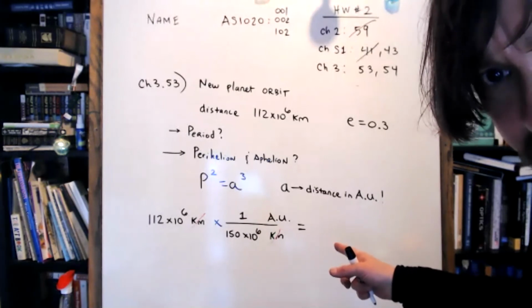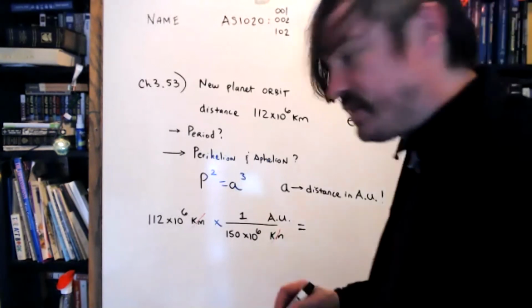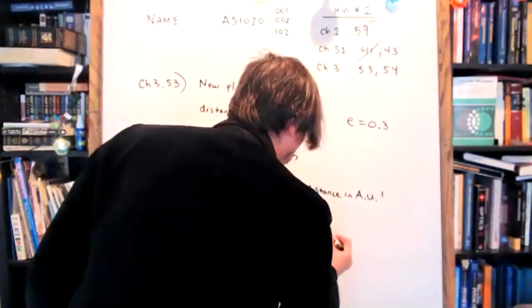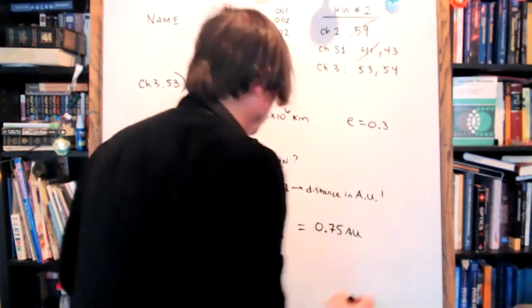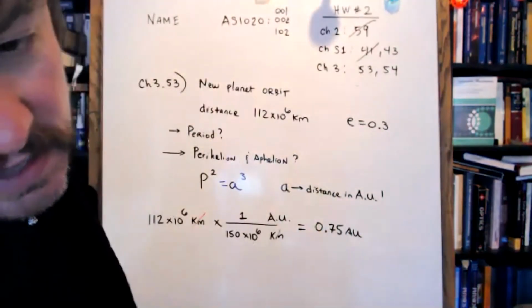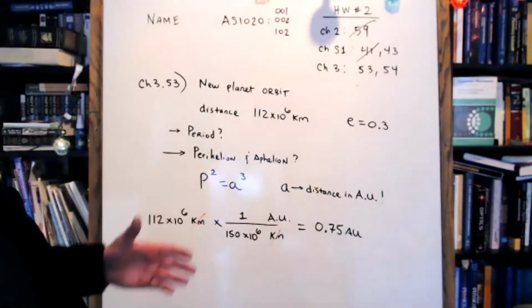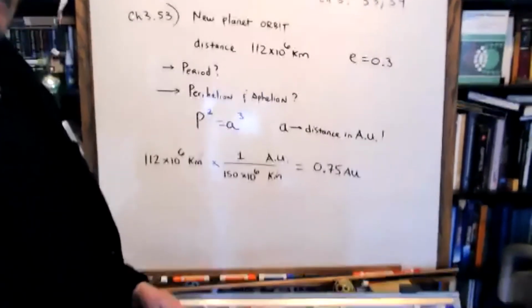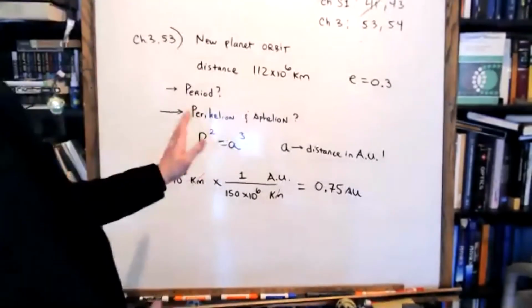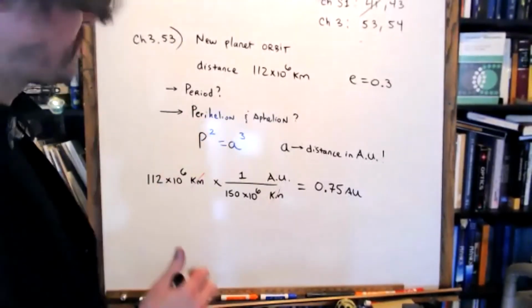Anyone got a number? Yes, thank you, Zach. 0.75 AU. Always put the 0 out front, Zach. It's good style. People are notoriously lazy about decimal points. Okay, now we're going to be able to plug this into p squared equals a cubed. So I like to take the square root of both sides.